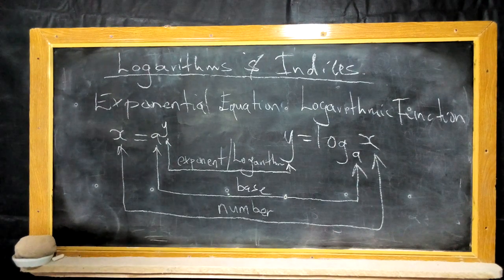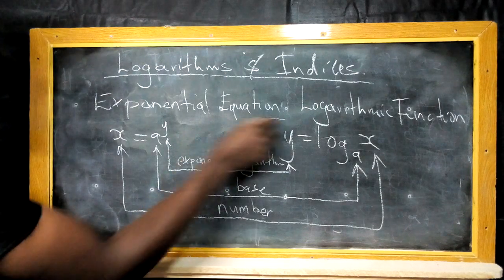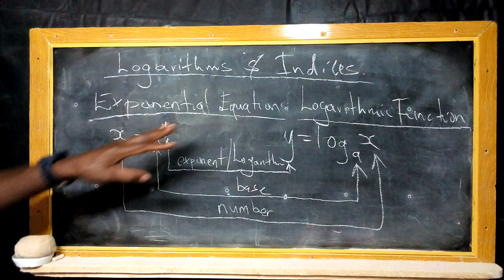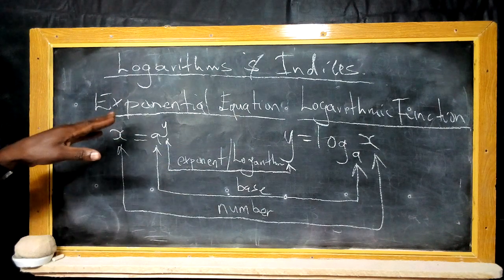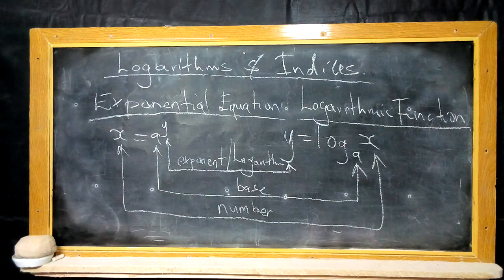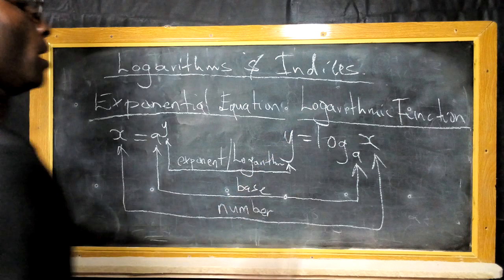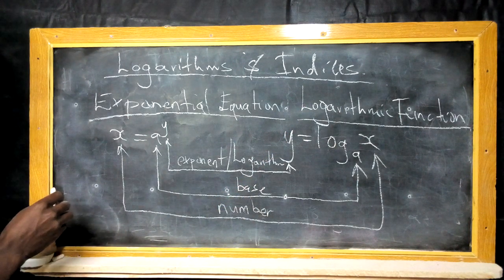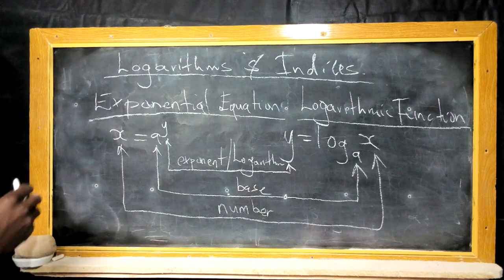Suppose we are given this kind of relationship of the exponential equations and logarithmic functions. Of course, I've just mentioned that one in order to give the relationship, because if you can see this side of the board, on our left, I've given a relationship.